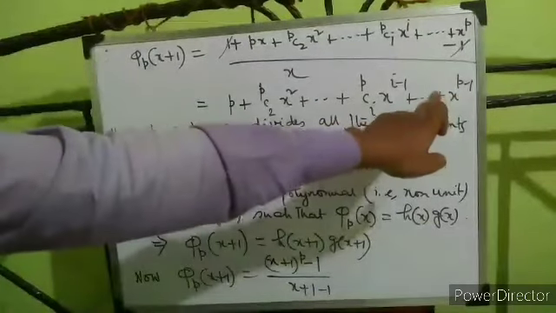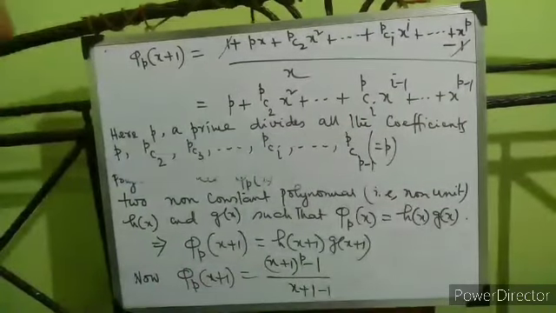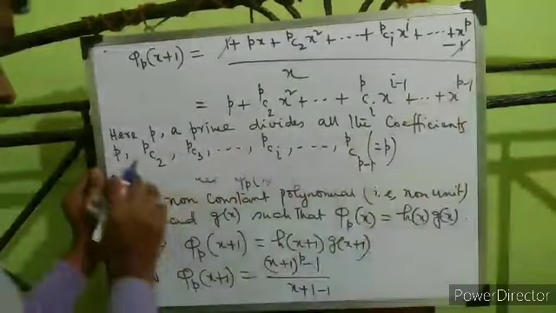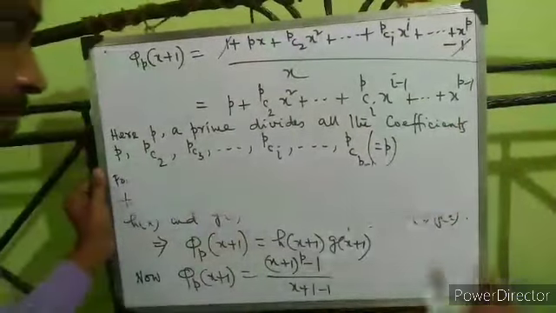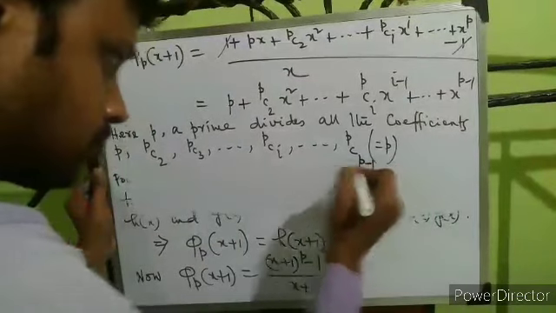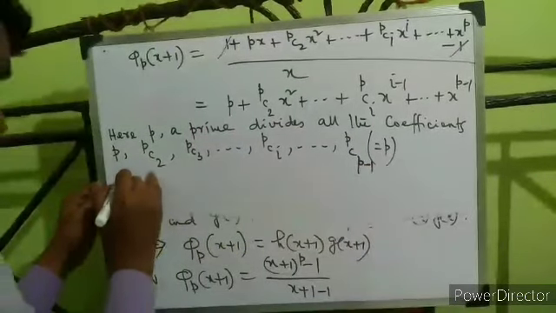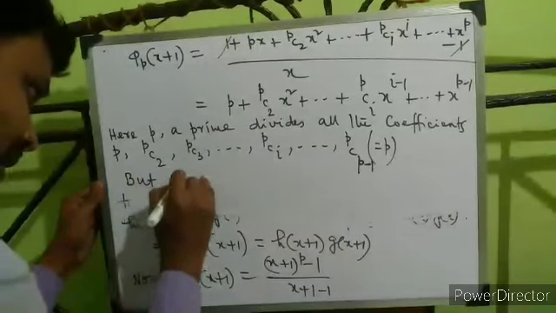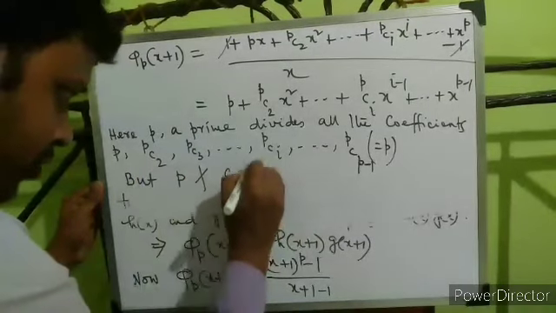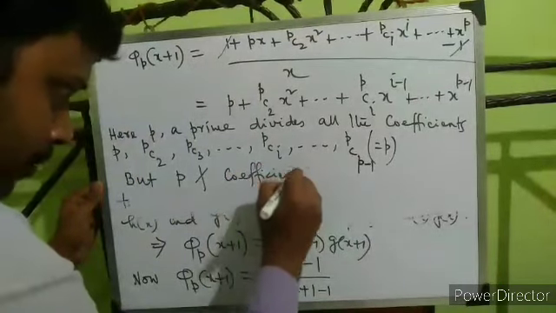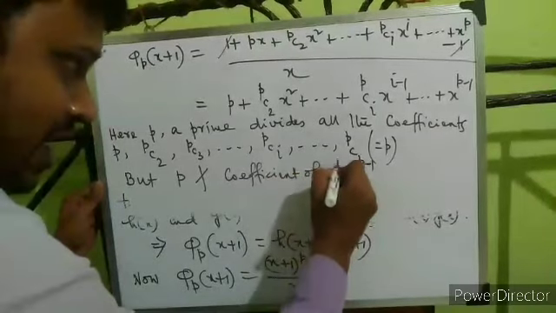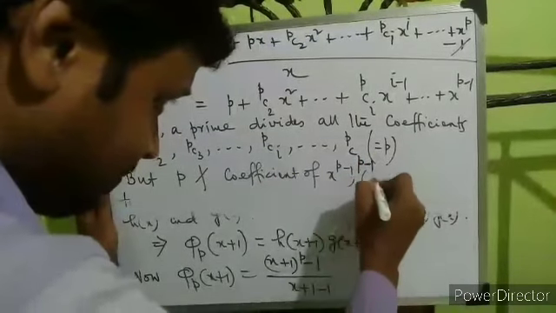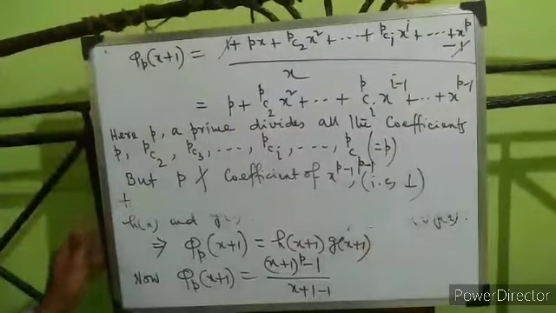But p does not divide the coefficient of the leading term, x to the power p minus 1, because it is 1.